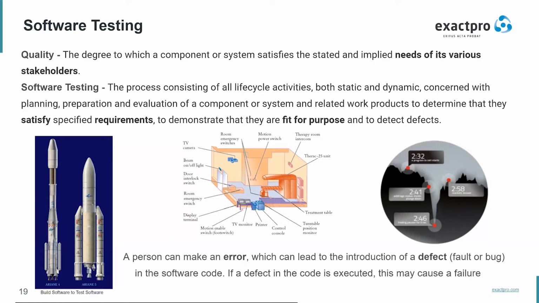So the failure is something that we can observe and which is caused by the defect. The thing is that what is visible to a human being should be evaluated by a human being. There are, of course, some parts of the systems which are used just by programs, by machines.